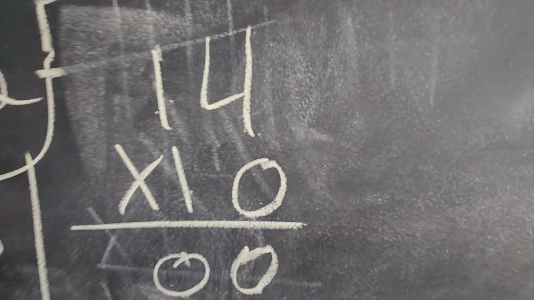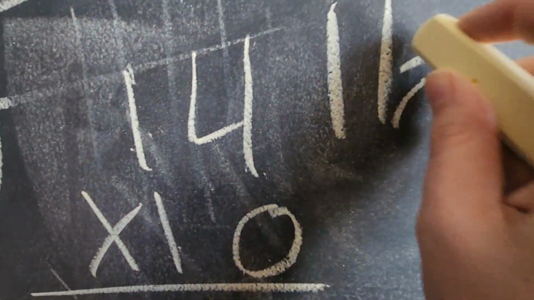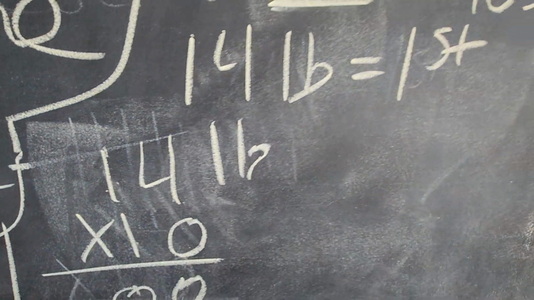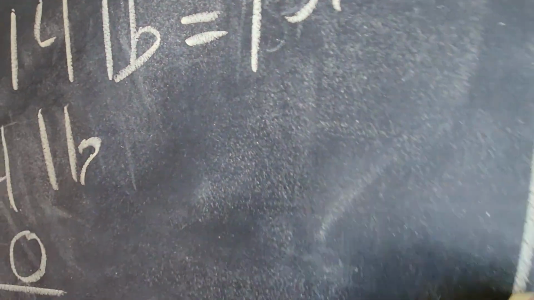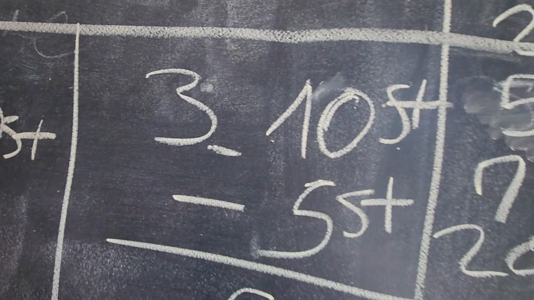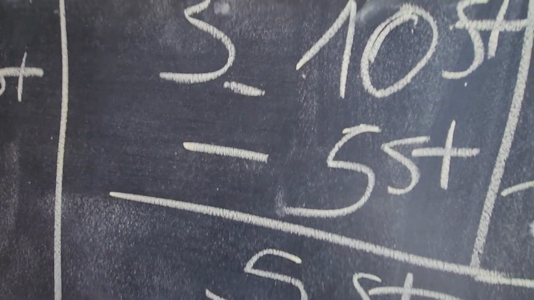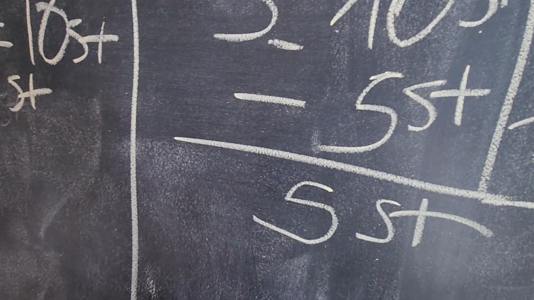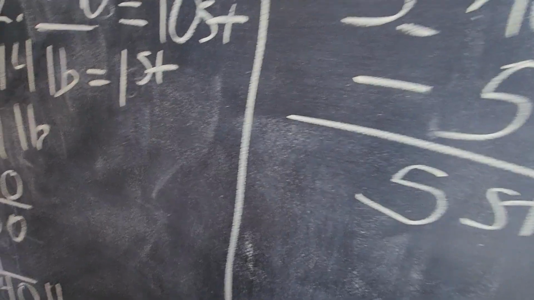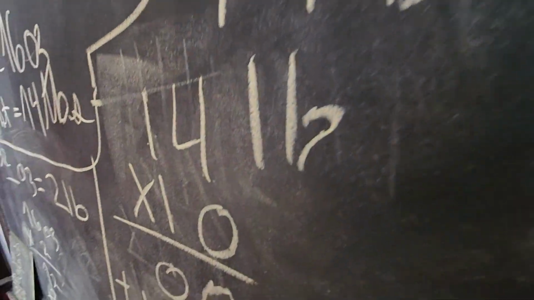And again, I don't know how this works out. I'm just throwing numbers up here. And number 3 is just a simple subtraction one. 10 minus 5. 10 stone minus 5 stone is 5 stone. So that's the answers on that one.